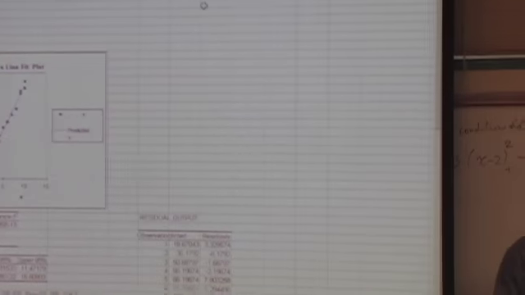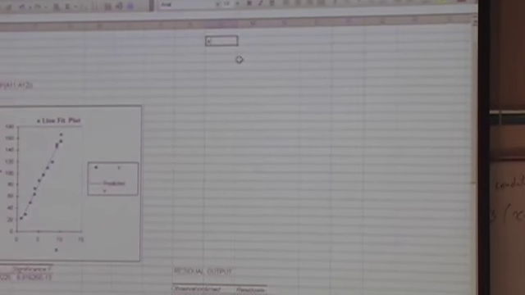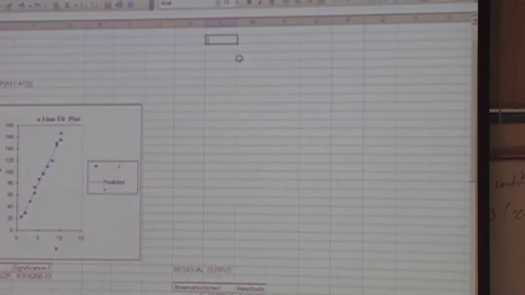Let's say I wanted to have X minus 10, so plus. How do I actually get that? What does that look like? Equals IF. Edit, cut.